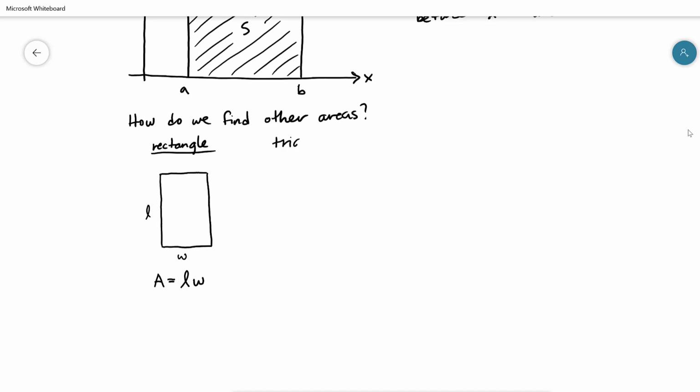A triangle is another one I'd expect you to probably know off the top of your head. If this is my triangle, and if I have this height given, and that's a right angle right there, and this bottom has a length of b, the area of this is 1/2 base times height.